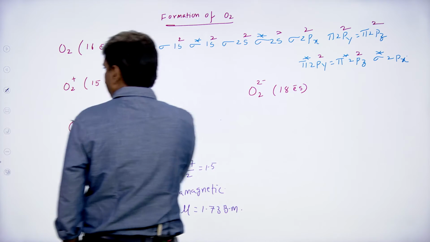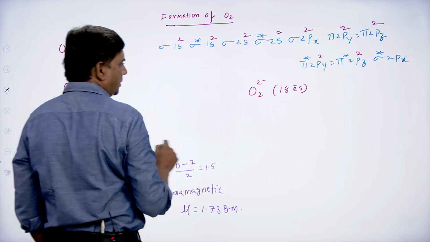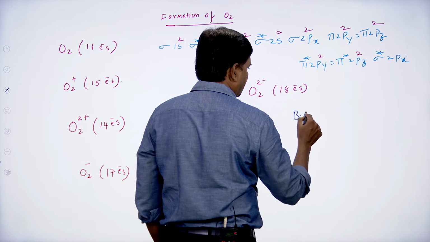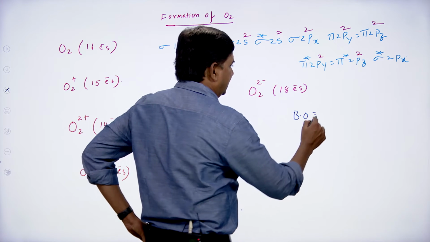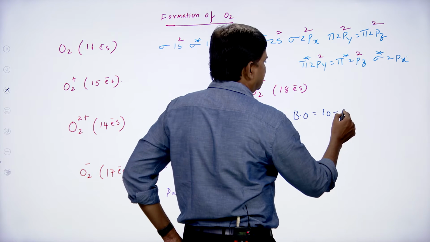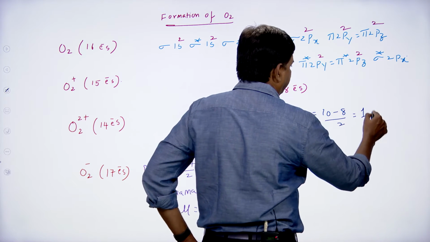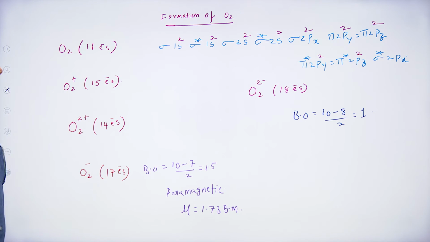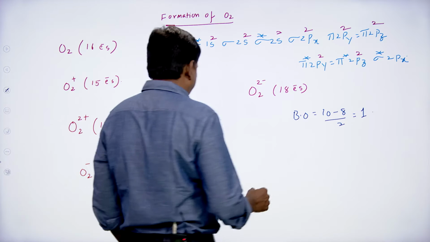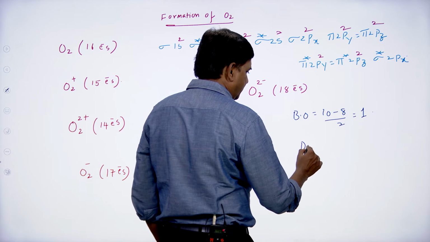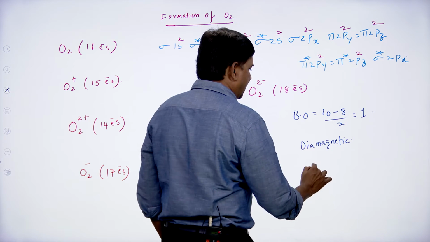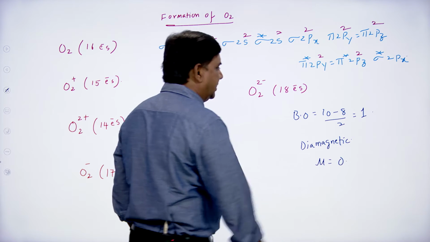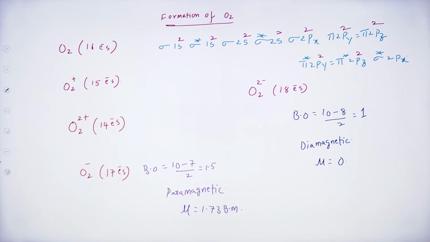Bond order is equal to 10 bonding minus 8 anti-bonding by 2, which is equal to 1. So this is diamagnetic in nature, and the magnetic moment is equal to 0 because there are no unpaired electrons. And this is all the information related to the oxygen species, students. Have a look.